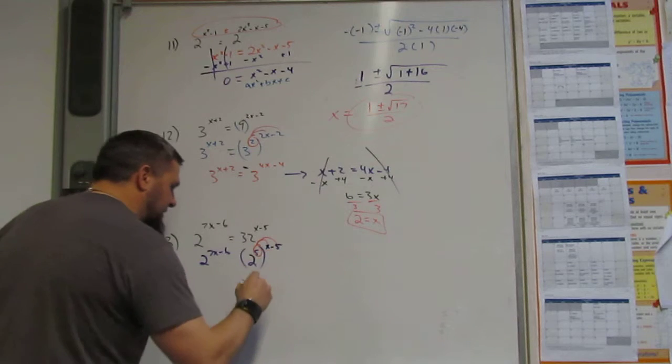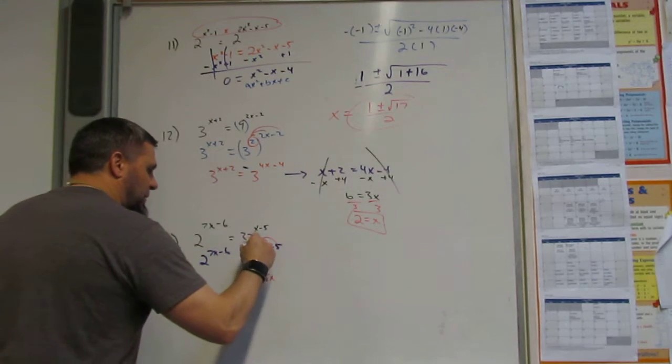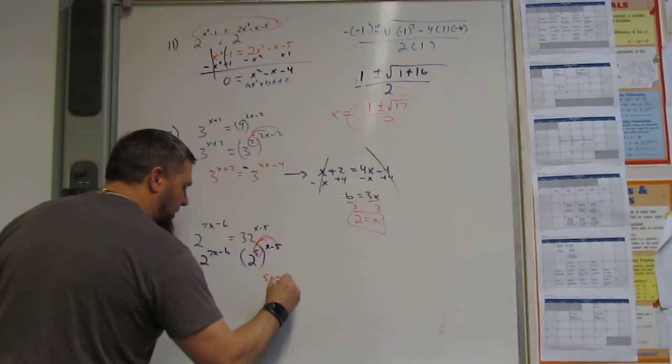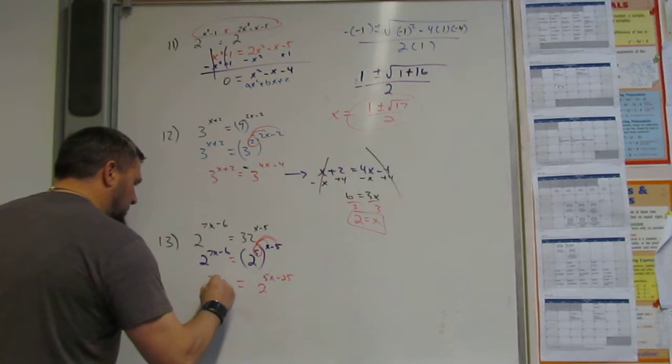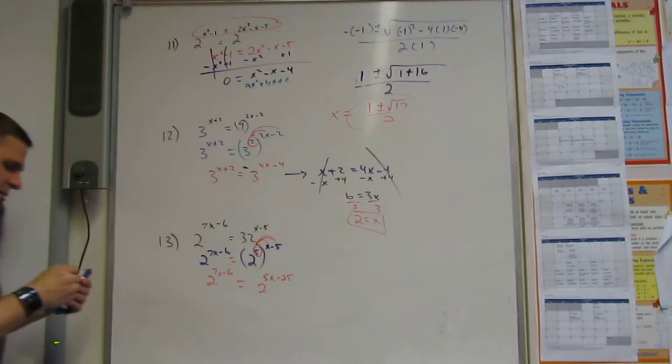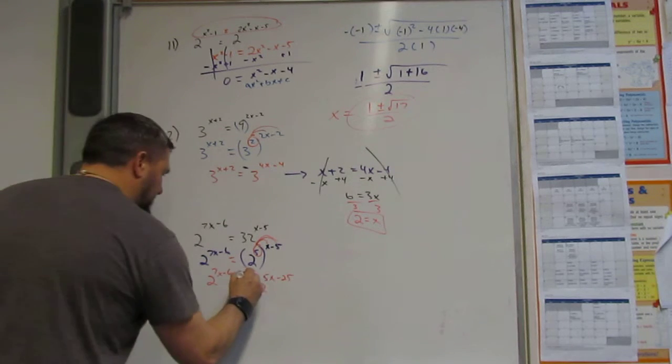Okay? 5 times x is 5x. 5 times 5 is 25. Equals 2 to the 7x minus 6. So now I just set these two equal to each other.